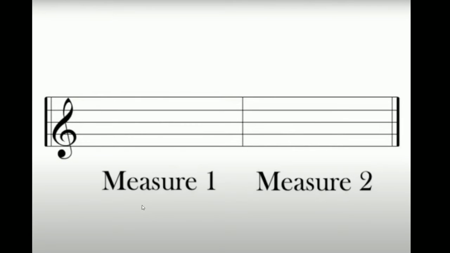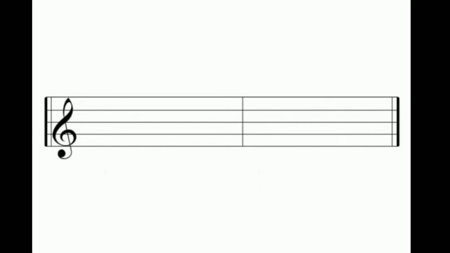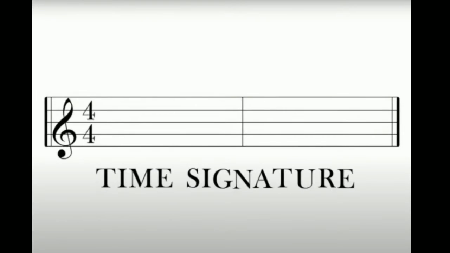Okay. Here we go. So, music on a staff is broken down into groupings of counts called measures or bars. Each measure contains a certain amount of beats based on two numbers placed at the beginning of the staff called a time signature.